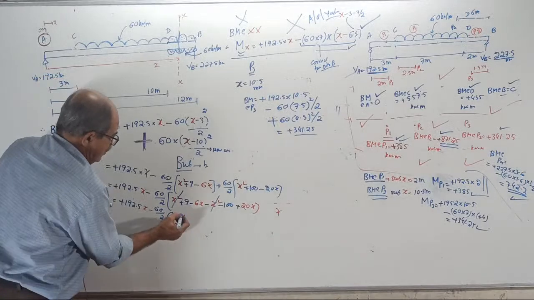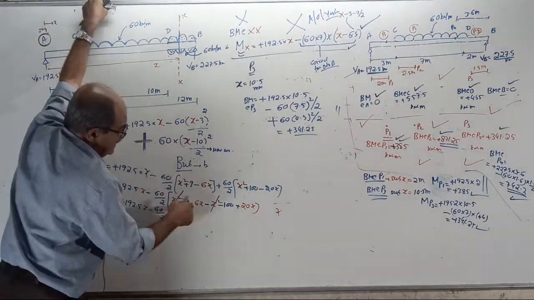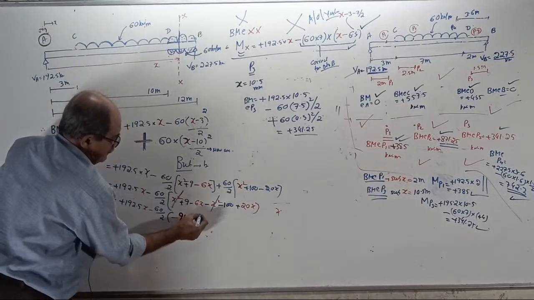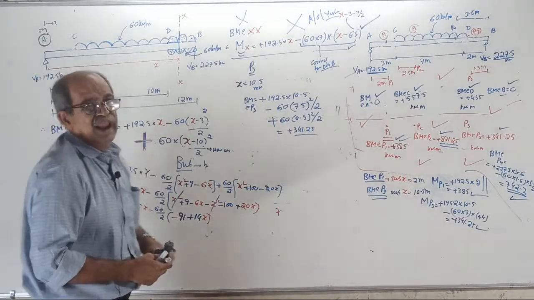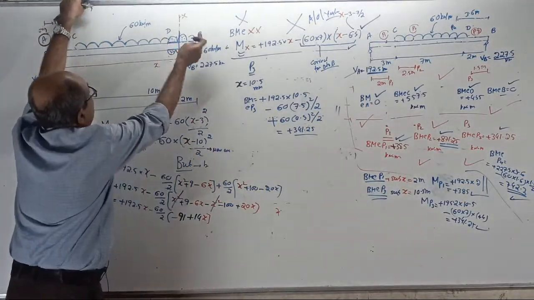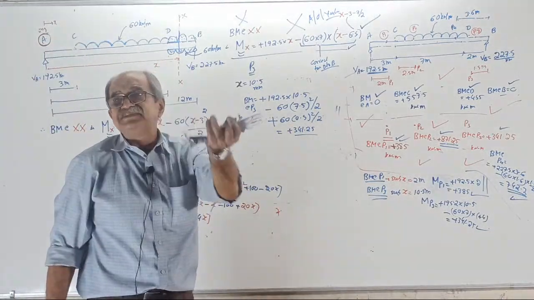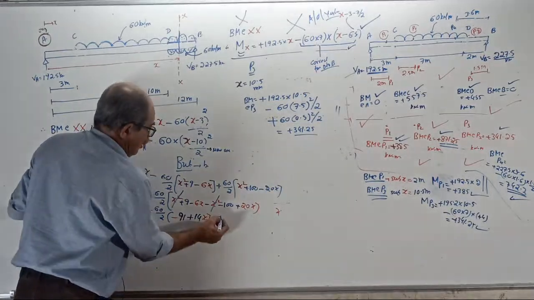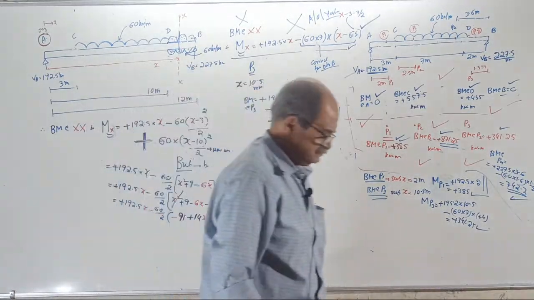Minus 91 is the constant, then minus 6x plus 20x is plus 14x. When you simplify this equation after D, the parabolic term x² will cancel, therefore it is linear. Tell me, yes or no?